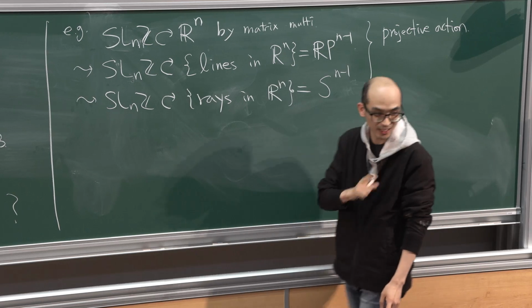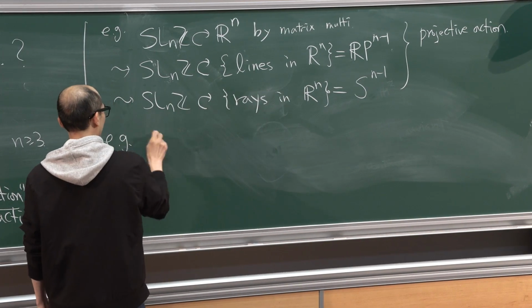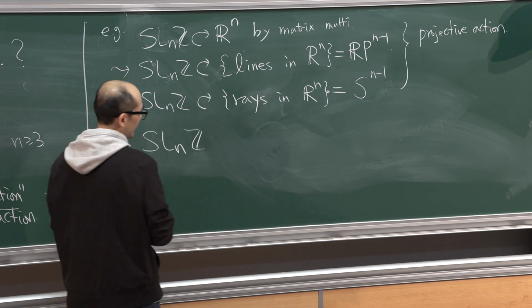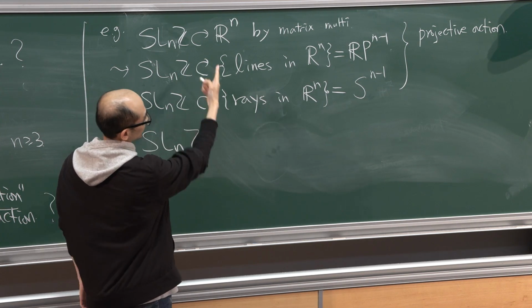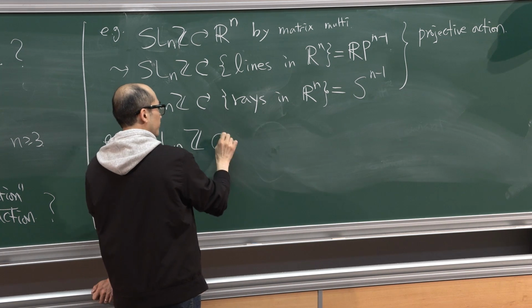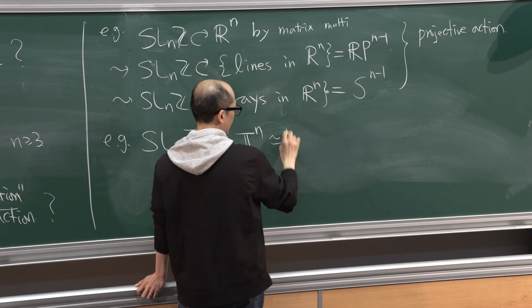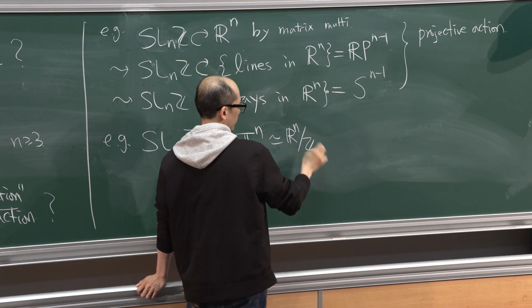I will give you one more algebraic action, even though I don't know what algebraic action is, which is the following. SL_n(Z) preserves, again if you think about the matrix multiplication, Z^n. So actually, this will act on the n-torus, which is R^n mod Z^n, by toral automorphism.